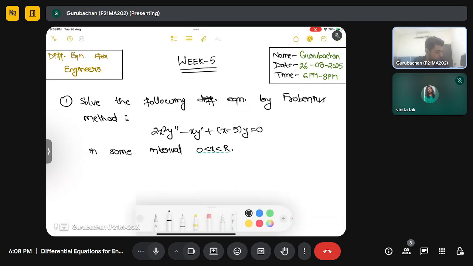So let me first recall when this Frobenius method comes into act.